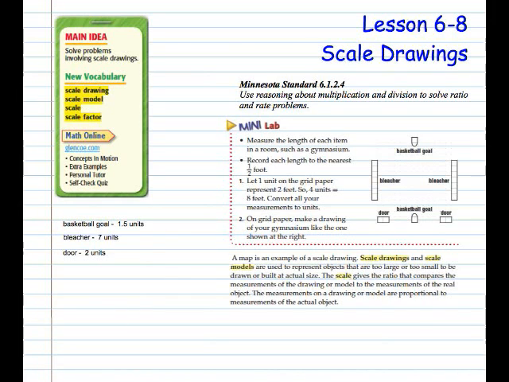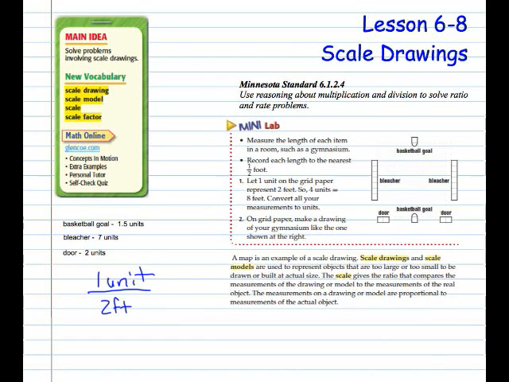Rather than go measure something, we're going to use the example that they've given us. We're going to convert these 3 items over here to feet. So our scale is 1 unit equals 2 feet.